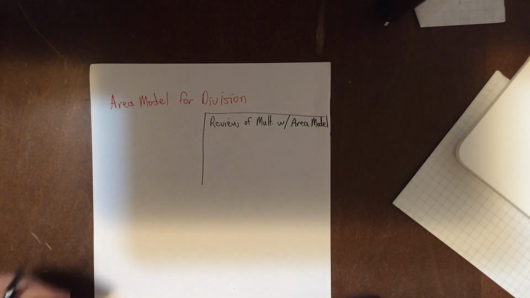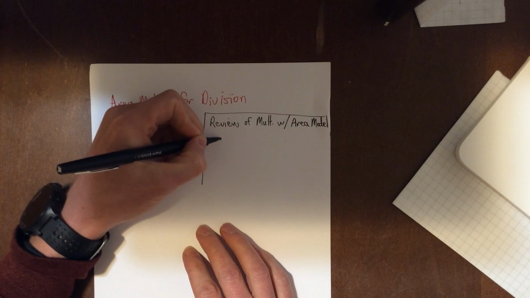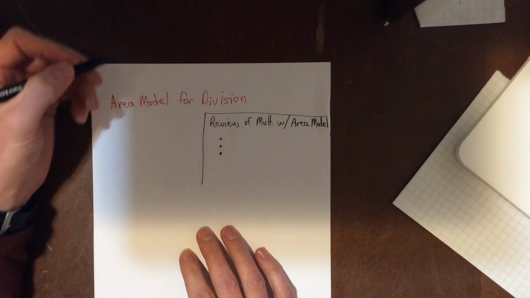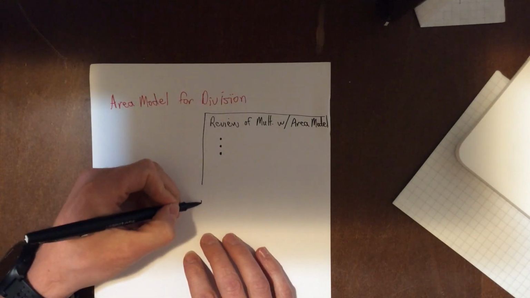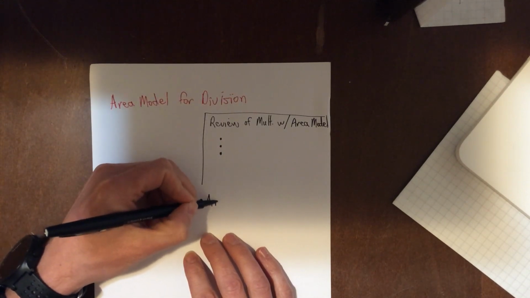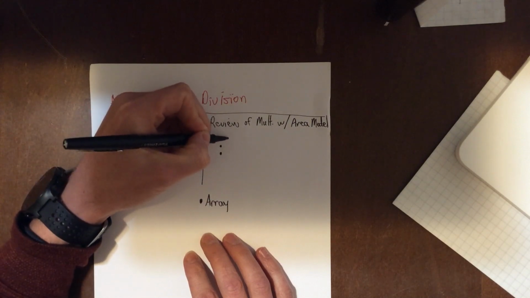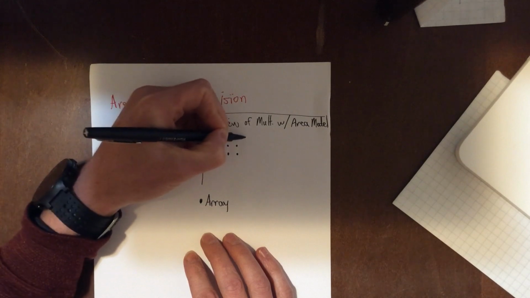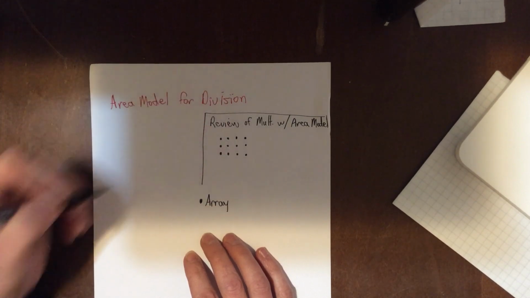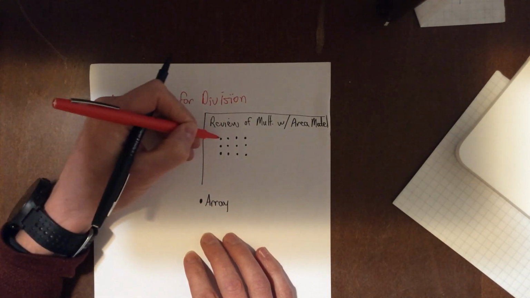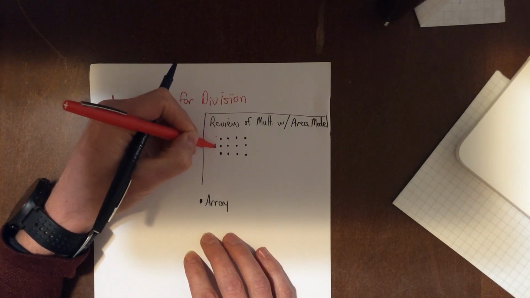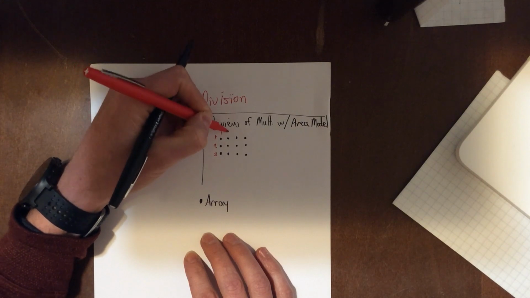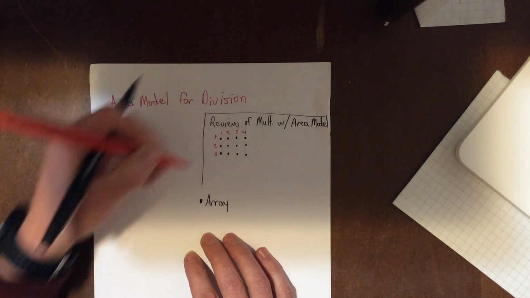Okay. If I have an array here, I can see that I have 1, 2, 3 rows, and I have 1, 2, 3, 4 columns.